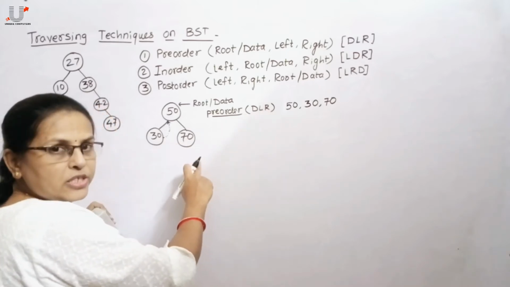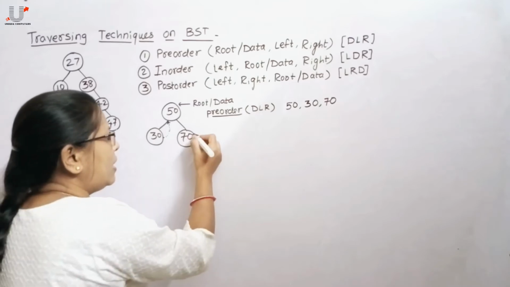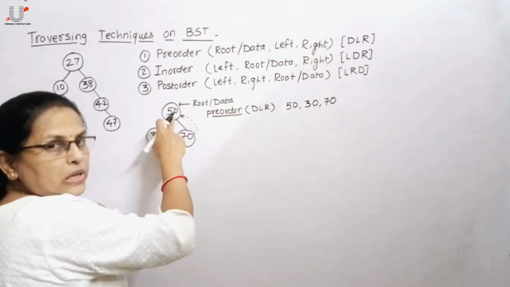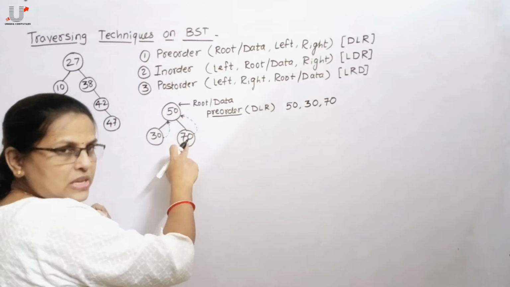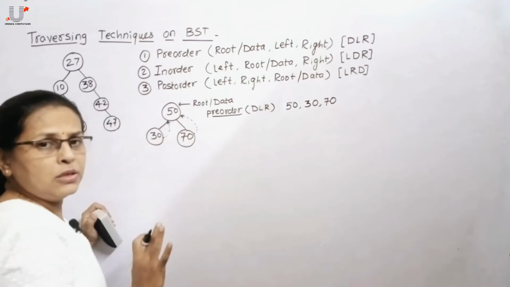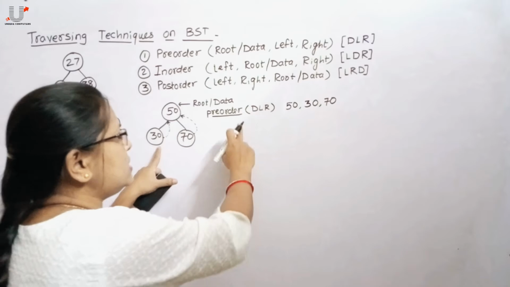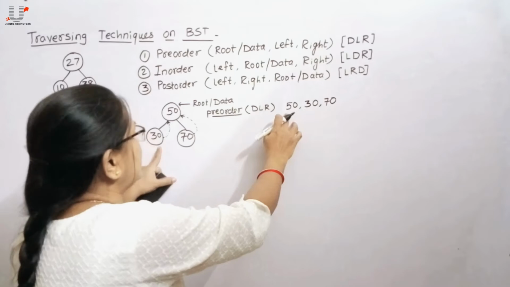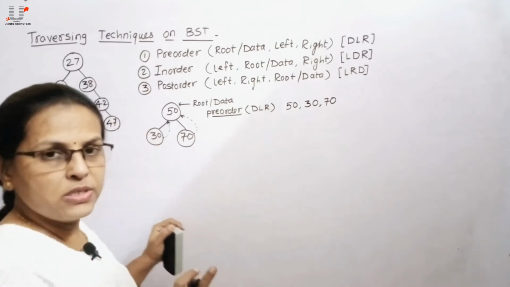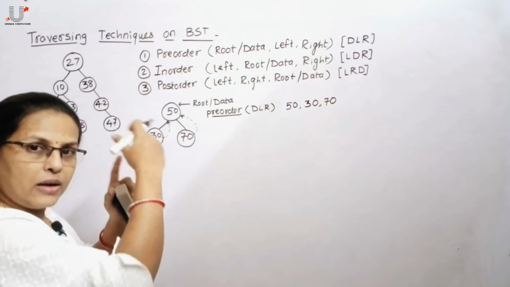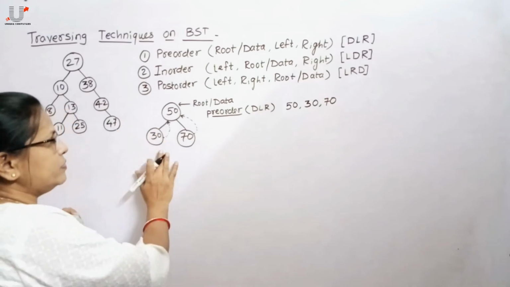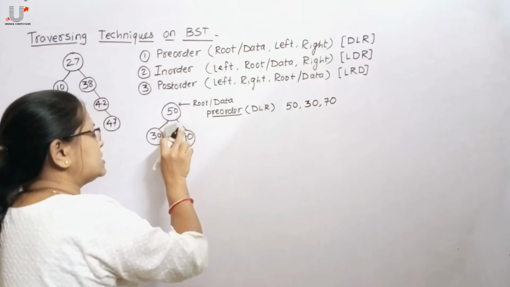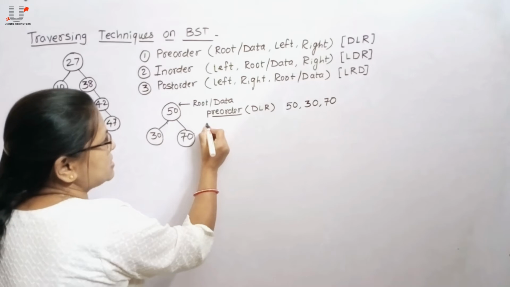As no right child is present for 70, again it backtracks to 50, from where it reached 70, and as all the nodes are processed, this is the pre-order traversing. In pre-order, data, that means the root part, always gets processed first, then its left subtree, and then its right subtree. Now let us apply in-order traversing on the same binary search tree.